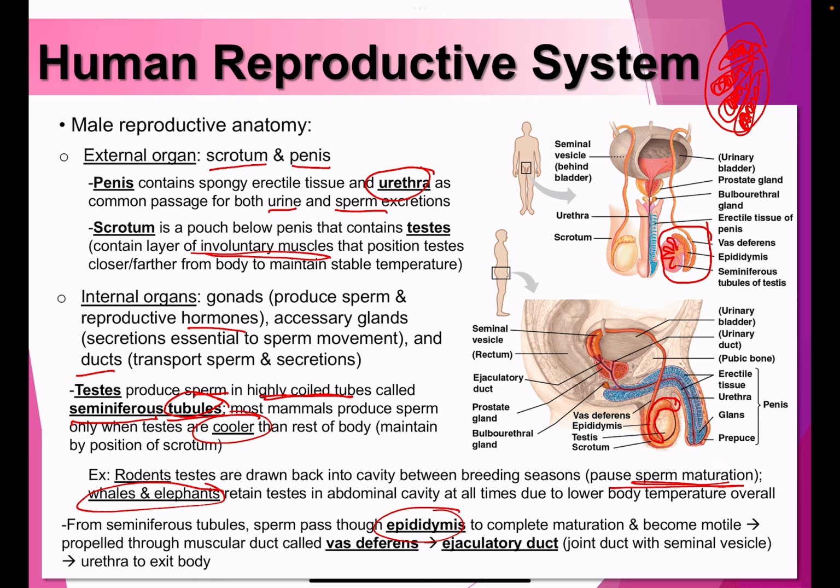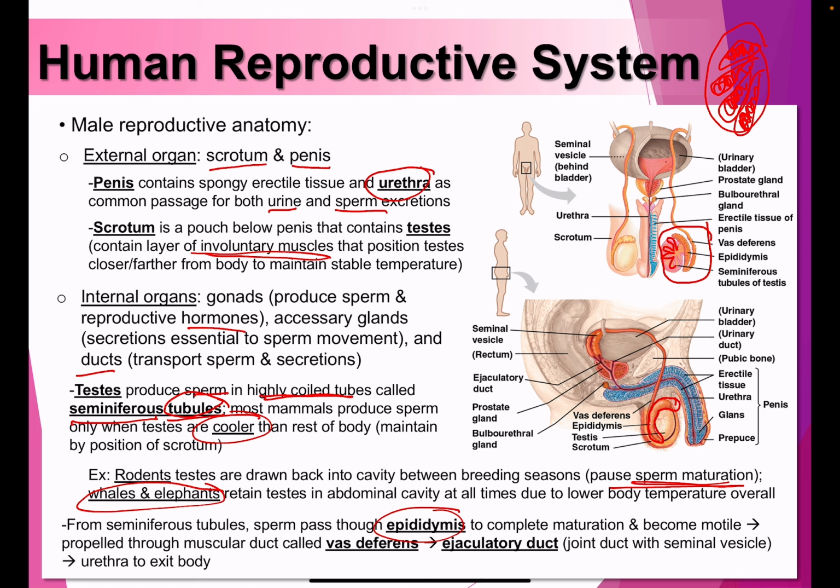So that's the whole route of sperm: from the testicles, seminiferous tubules, into your epididymis, and then down to your vas deferens, up over the bladder, not into the bladder, through the ejaculatory duct, getting some secretion from three glands down here, also getting another secretion from another gland, and then going through the urethra out of the body.